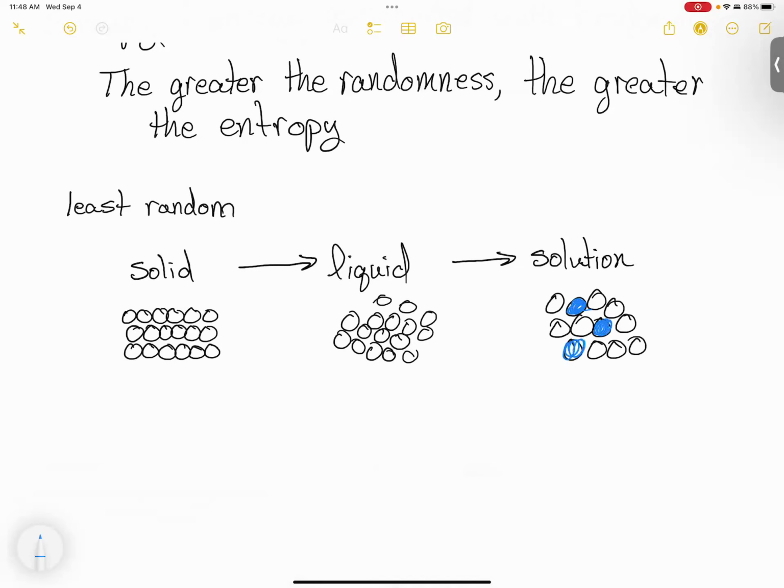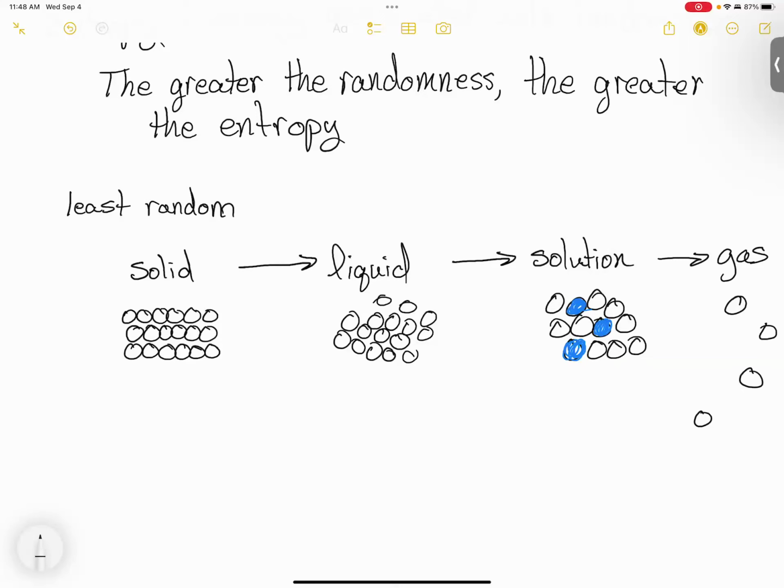It's not always the same molecule in there. Finally, we have the gas, which is the most randomized substance out there.